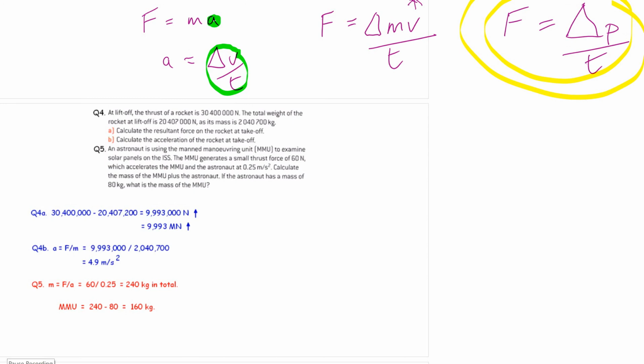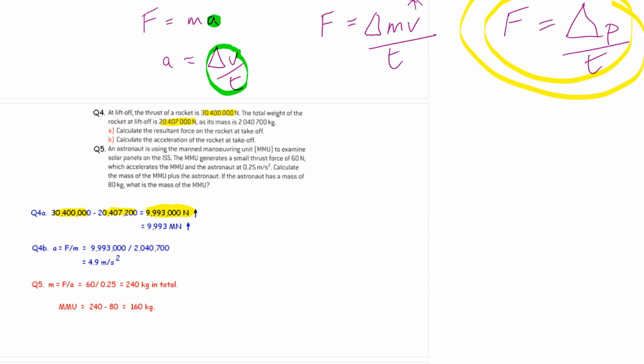So let's have a look at question 4a. At liftoff, we want to calculate the resultant force. That is our thrust, take away our total weight, which gives us this value here. Don't worry about the meganewtons.